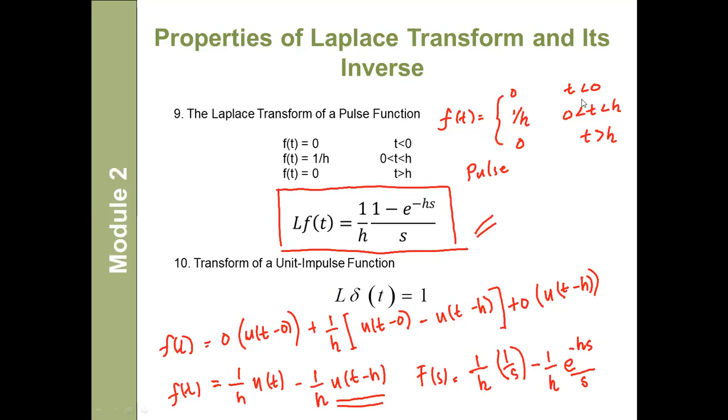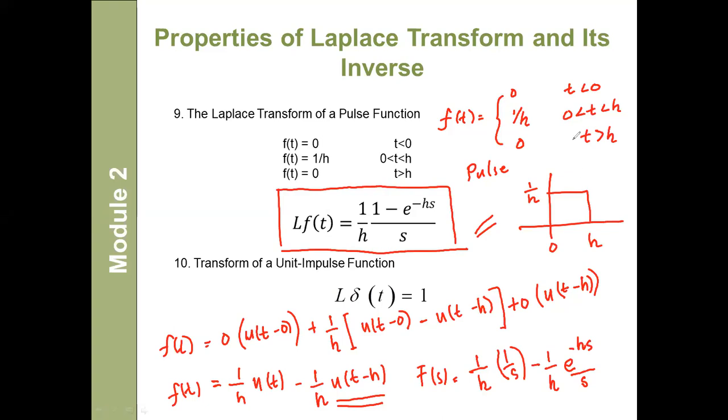This one is really less than 0. I will just draw the pulse here. This is your pulse. It has a value of 1 over h on the interval 0 to h.